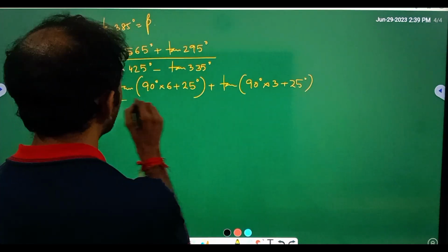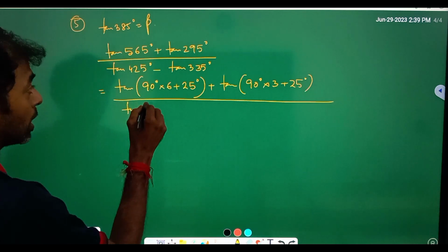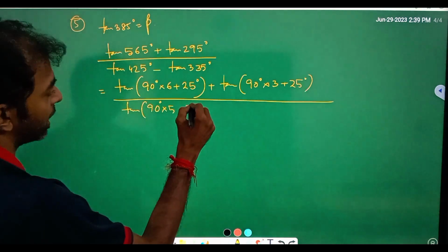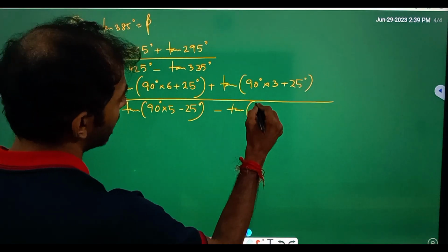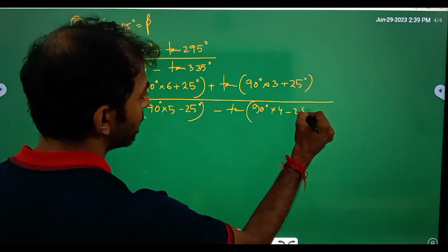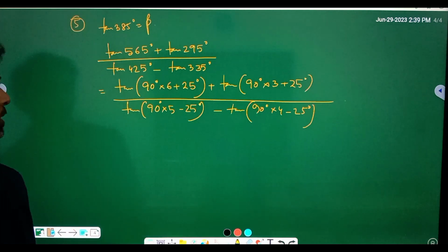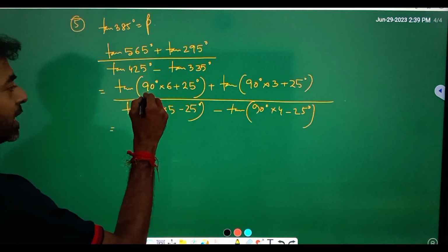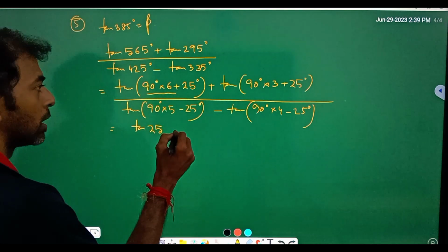And in case of this one, I am going to write it as tan(90 into 5 minus 25 degree), and in case of this one I am going to write 90 into 4 minus 25 degree. So that's our basic step. Now look at this one, that's going to be 90 into 6, so no change will be there, tan 25.